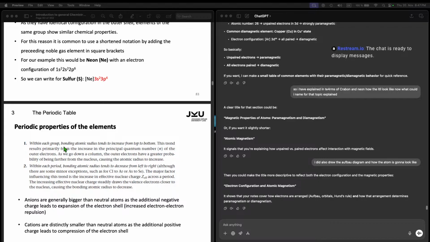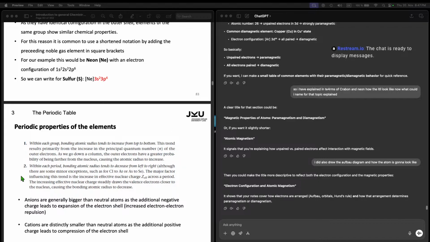Periodic properties of the elements. Within each group, bonding atomic radius tends to increase from top to bottom. This trend results primarily from an increase in the principal quantum number of the outer electrons. As we go down a column, the outer electrons have greater probability of being farther from the nucleus, causing the atomic radius to increase. Within each period, bonding atomic radius tends to decrease from left to right.